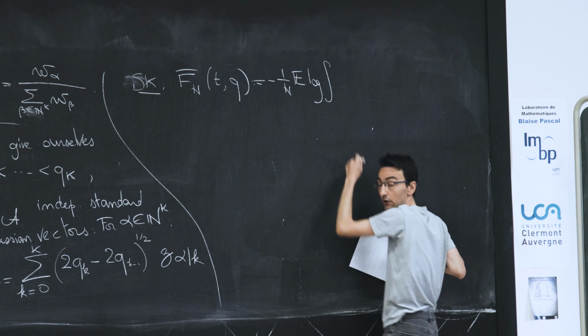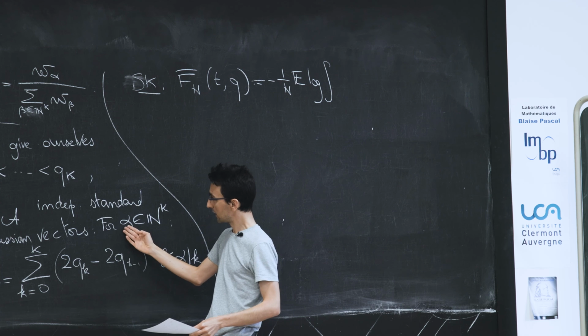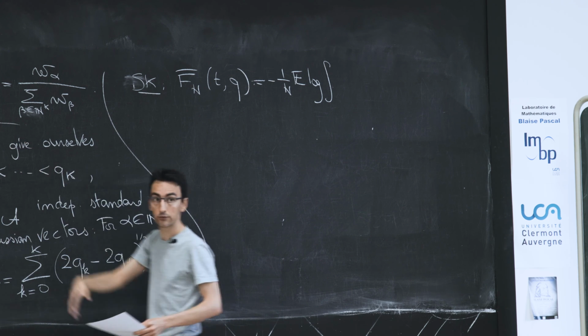So now we have the integral over all the sigmas, but also we want to use this new probability weight on the leaves of the tree.